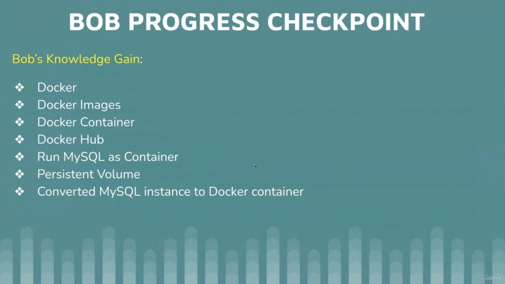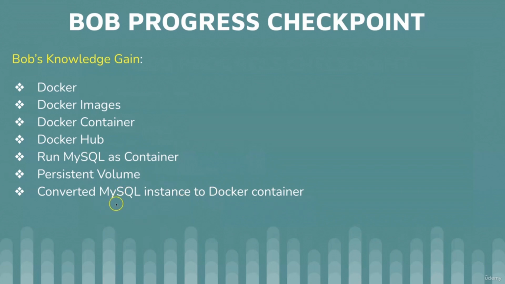We demonstrated how persistent volumes can have permanent changes across containers' lives. Even if one container died, we can bring another container that is bound to the existing persistent volume. And then finally we installed MySQL, and we also converted a MySQL instance into a Docker container.